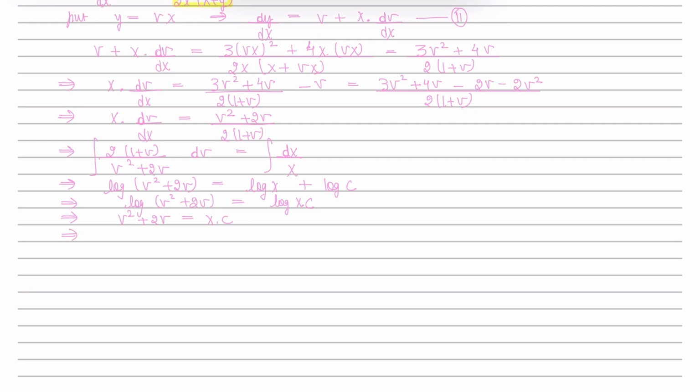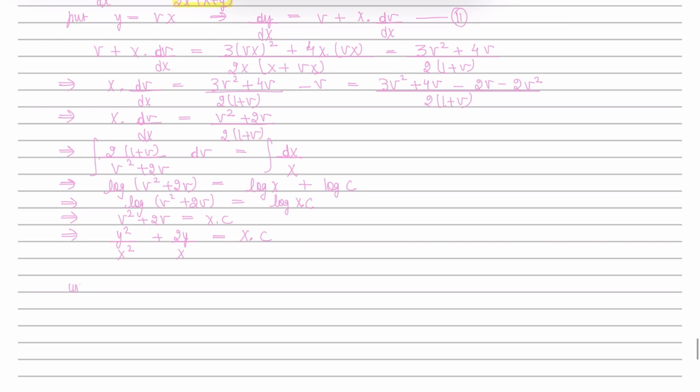Now back substituting the value of v, which will be y by x, this equation becomes y square by x square plus 2y by x is equal to x into C, and in the question we are also given the y value at x equals to 1.